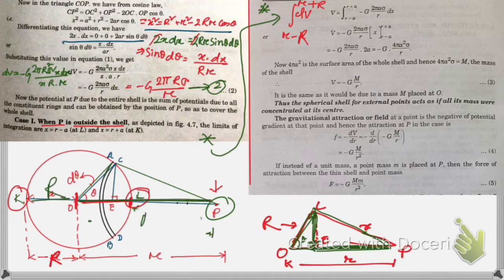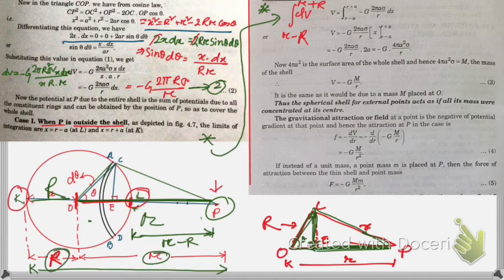This distance is small r, so this is small r plus capital R, and this distance L, from P to L, is small r minus capital R, and this distance K to P is small r plus capital R. That's why we need to integrate v from small r minus capital R to small r plus capital R, and here you will get minus G 2 pi capital R sigma by small r dx, right?